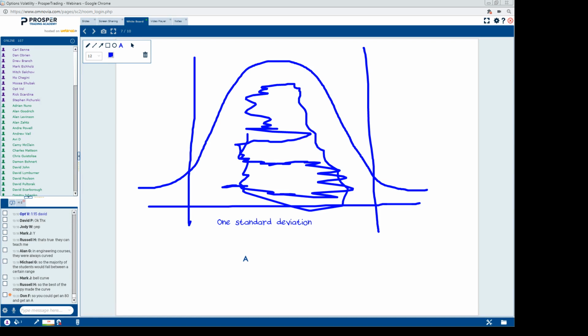Absolutely, Don. There's people that could theoretically get a 40 or a 50 and get an A if they came out ahead as compared to all the other students. Absolutely. So one standard deviation accounts for what percentage?